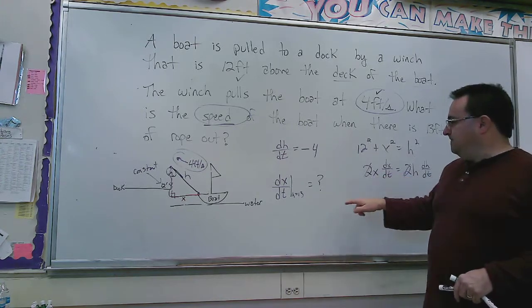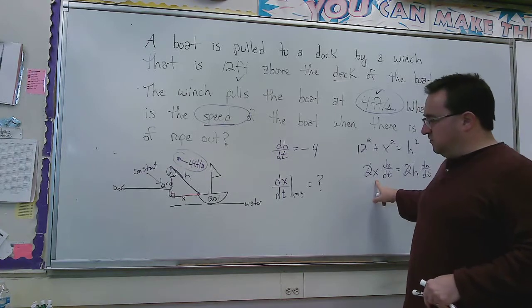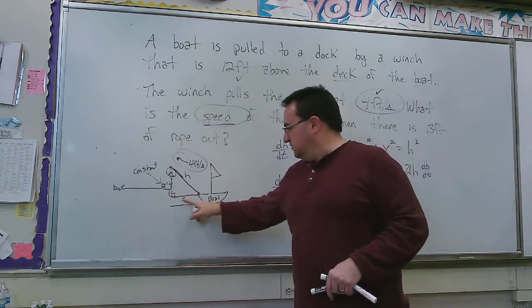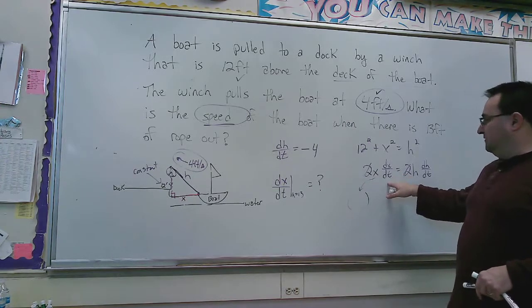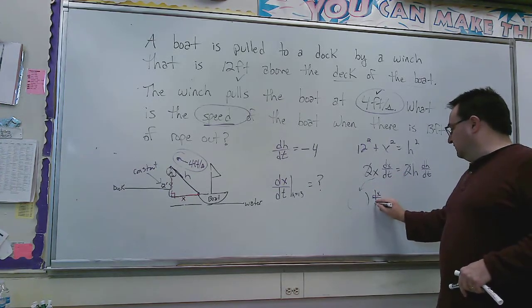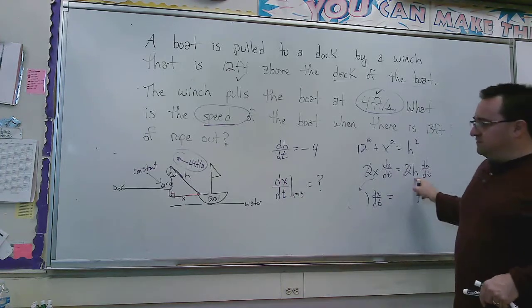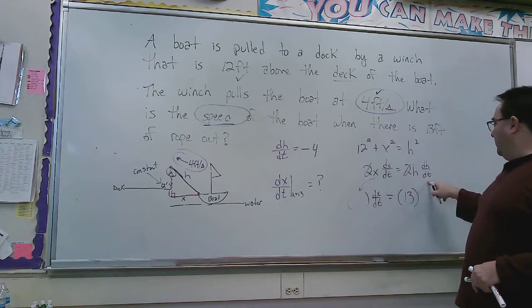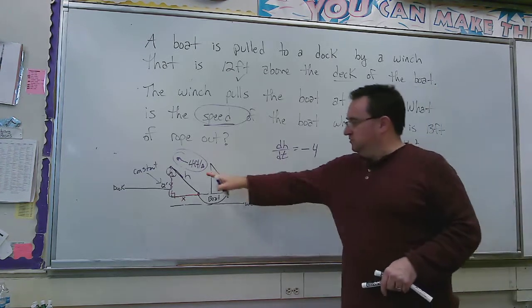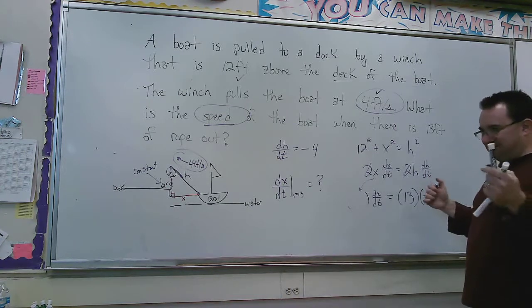All right, when there are 13 feet of rope, I actually don't know that distance, so I'm going to leave that blank. dx dt is what I'm looking for. So I don't know that. When there's 13 feet of rope out, and this is how fast the rope is being pulled, 4 feet, there's 4 feet less every second.